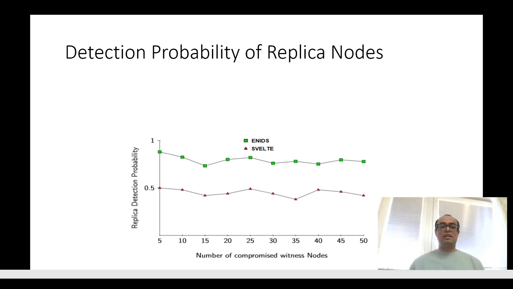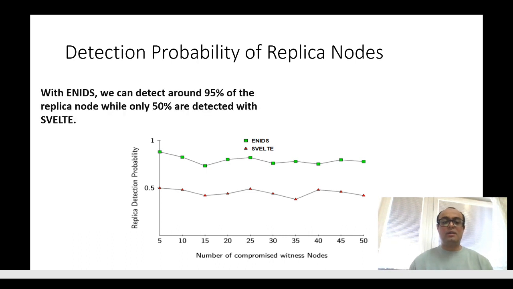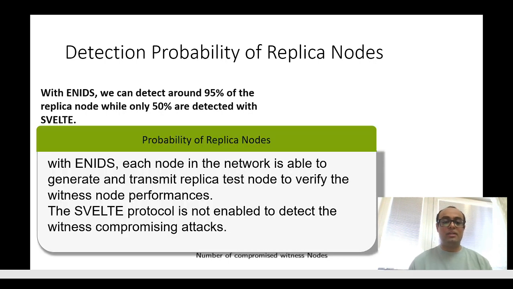First, let's start by explaining the detection probability of replica nodes that we obtained. With our enhanced INIT protocol, we can detect around 95% of the replica nodes, while only 50% are detected with Svelte. This could be explained by the fact that, in order to detect more replica nodes, we use the test node to verify the witness node performance, and each node in the network is able to generate and transmit replica tests to verify the witness node performance.